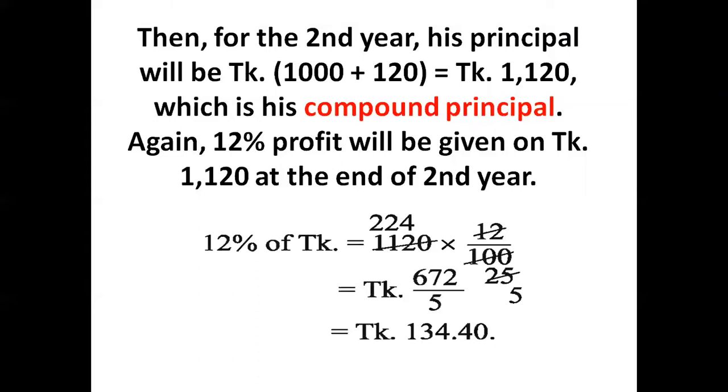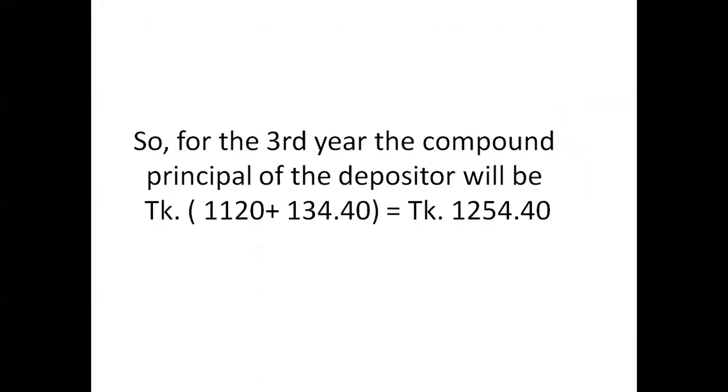After calculating this, we get 134.40. Proceeding this way, for the third year, the compound principal of the depositor will be taka 1120 plus 134.40, that is 1254.40.